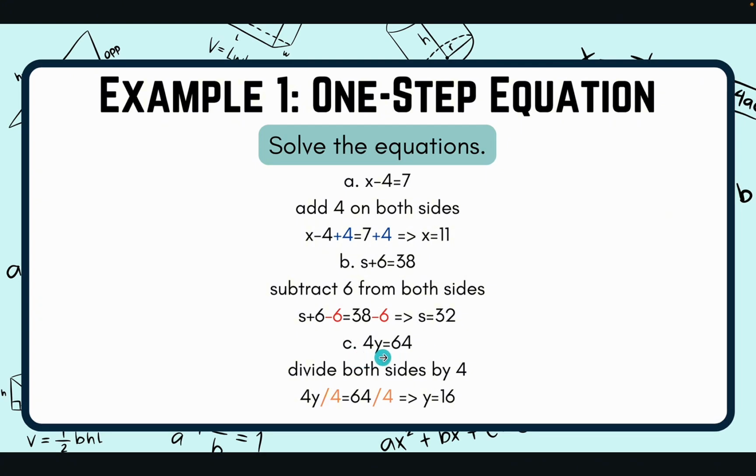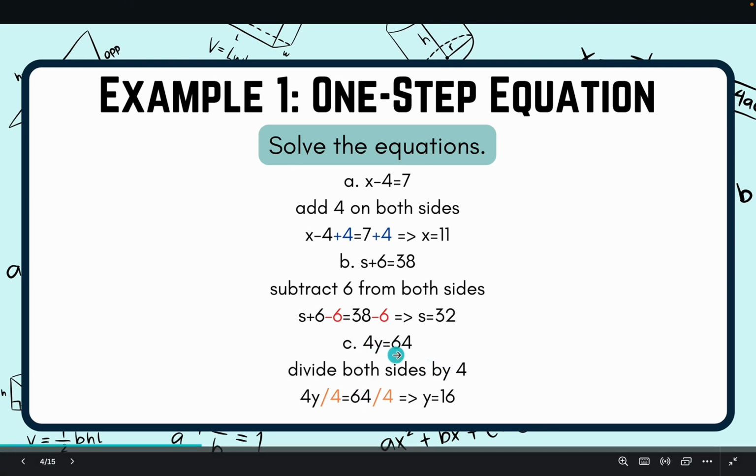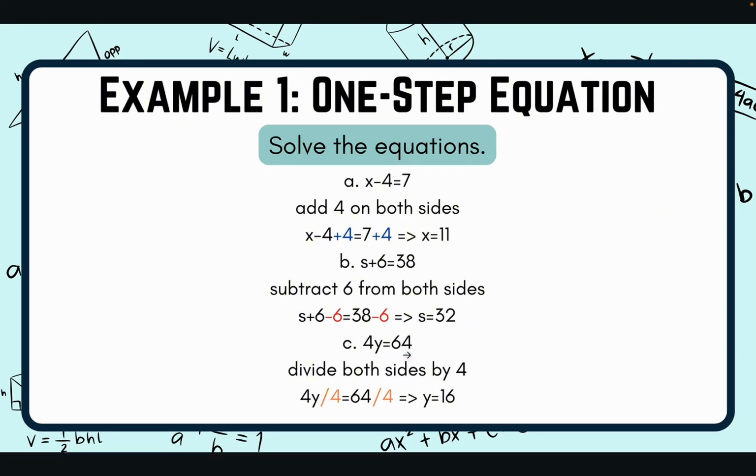If there is a number multiplied to a variable in an equation, you need to use division. So it's also an inverse operation. If there's multiplication used in an equation, for example, 4y here equals 64, you use division instead, and if there's a fraction, like let's say 1 over 4 y equals 64, you have to multiply by 4 instead.